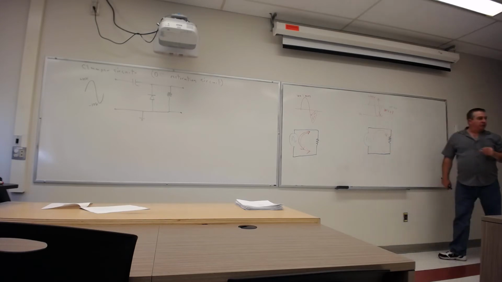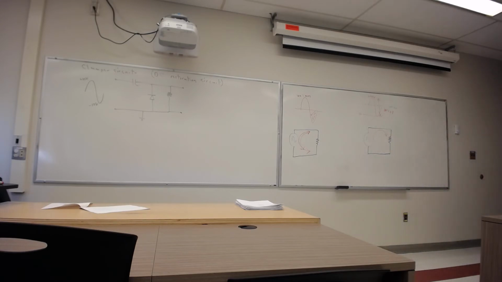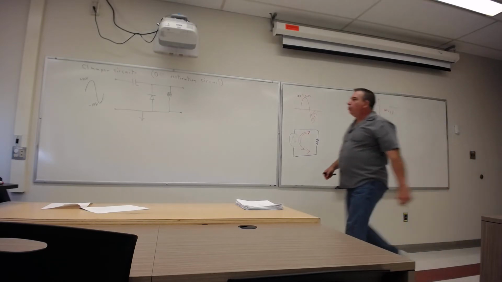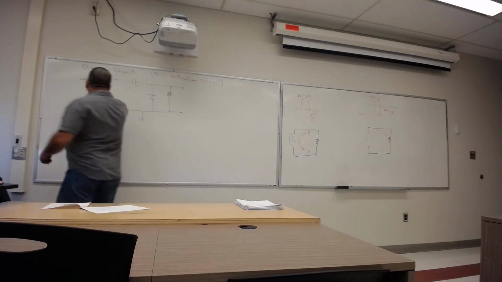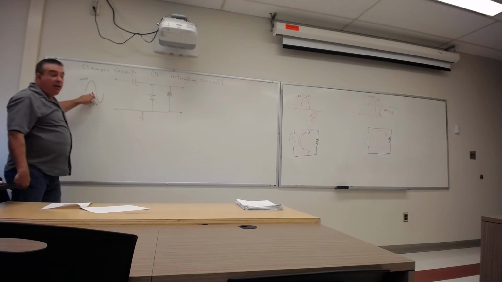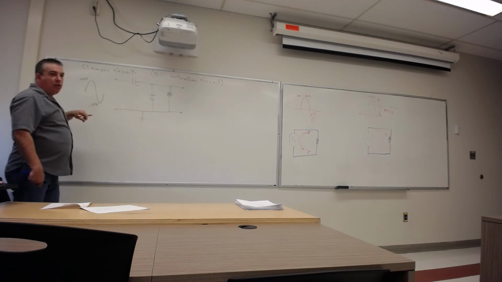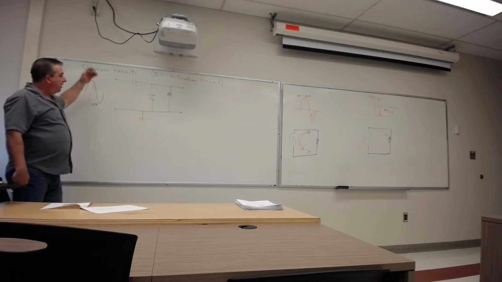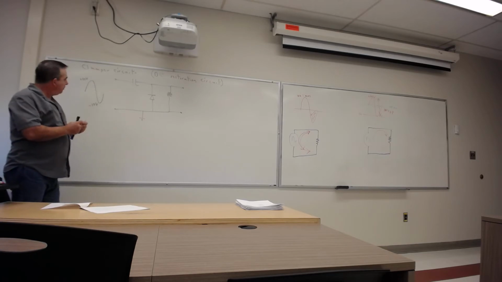The current never reverses. So it's possible to have an AC signal with a certain amount of DC in it. Now, these clamper circuits will permit you to take a signal that has no DC content in it, and add a certain amount of DC to it to elevate it. So I'll show you how they work.